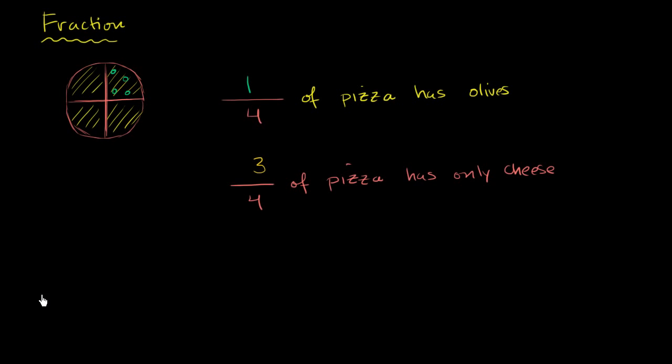So let's say that I have an orange. I have an orange, so that's an orange right over there. And I have a banana, so that's my best attempt at drawing a banana right over here. And I have a lemon, just like that.